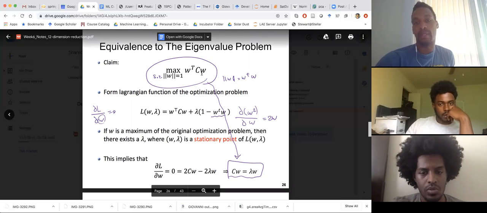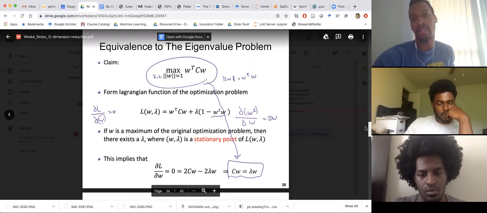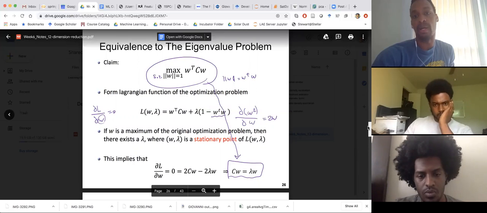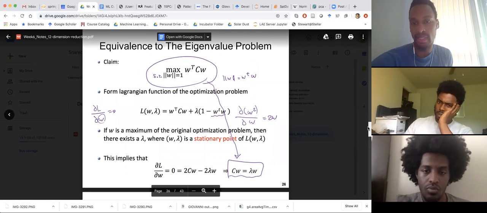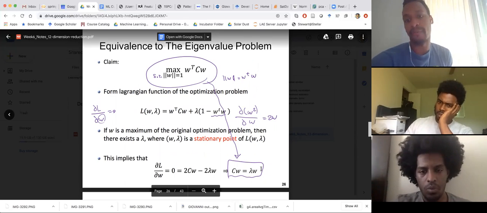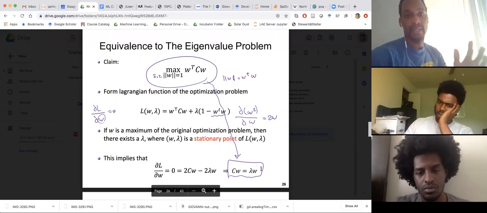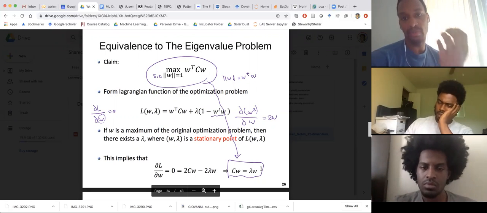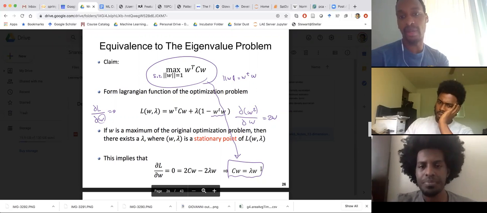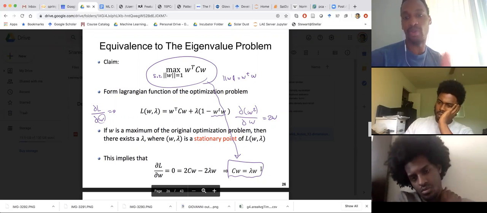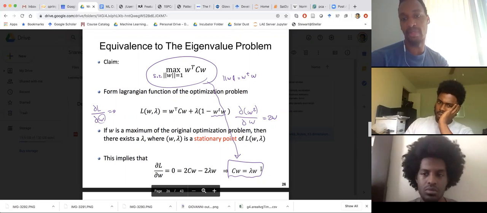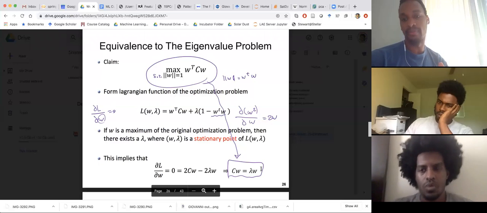Since W has to be normalized to 1, looking at this equation CW equals lambda W, the maximum is going to be an actual scalar value, right? So if I want to find the actual scalar value that matters, I can take the norm of this equation.